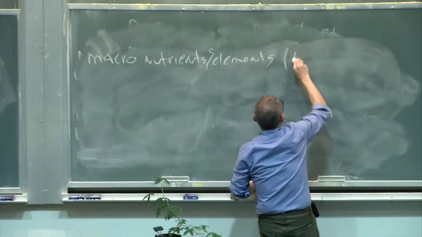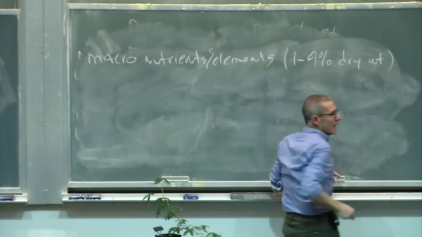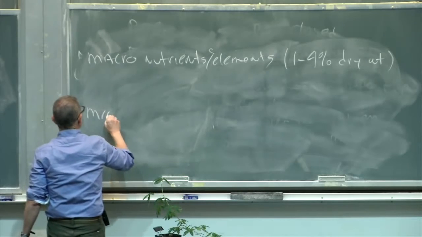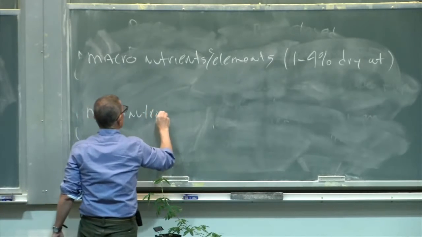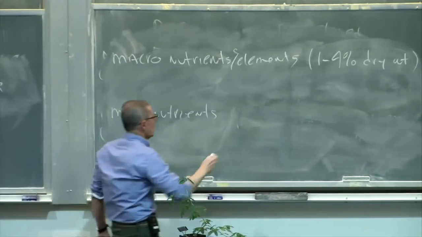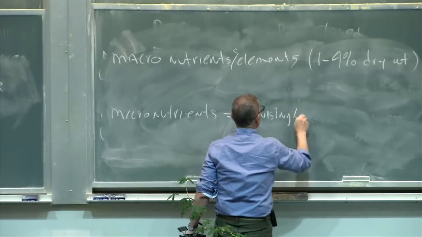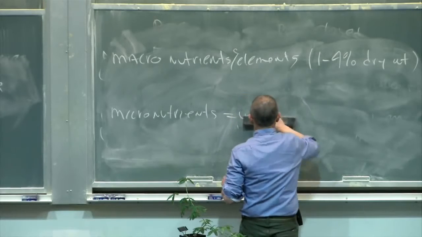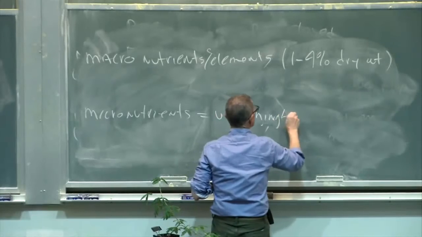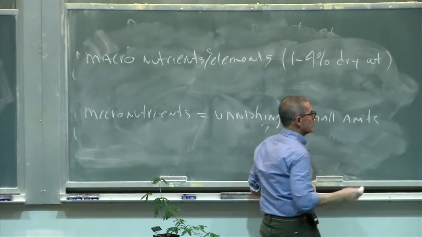So perhaps 1 to 4% of the dry weight of a plant are composed of these macronutrients. And micronutrients. In contrast to the macronutrients, micronutrients are required often in vanishingly small amounts, often in parts per million.